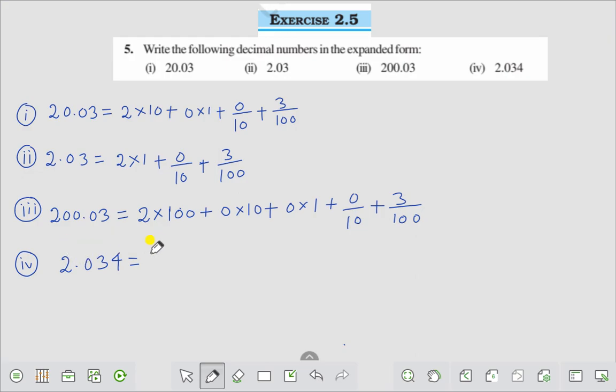This is ones place, that means 2 into 1, plus 0 is in tenth place, therefore 0 by 10, plus 3 is in hundredth place, therefore 3 by 100, plus 4 is in thousandth place, therefore 4 by 1000.